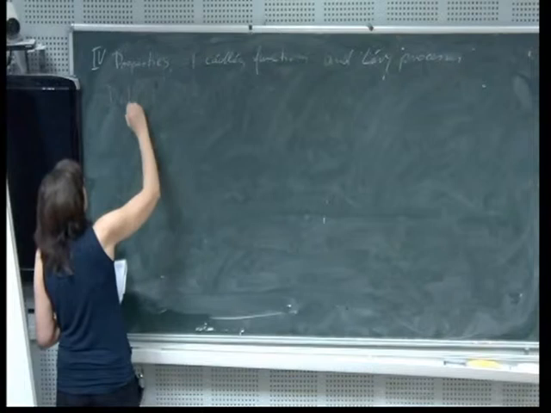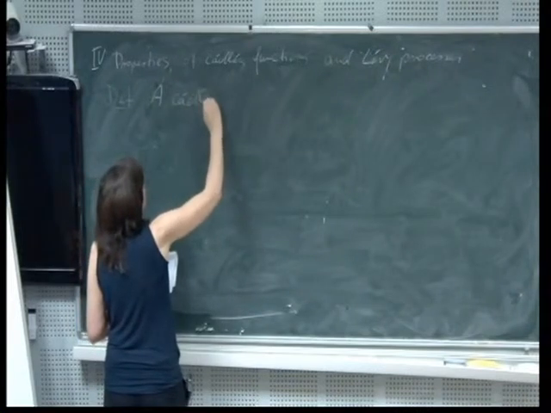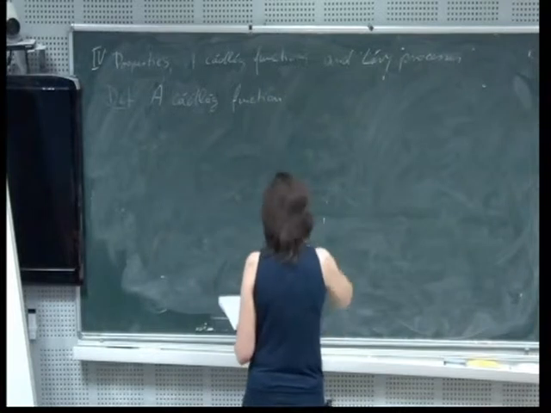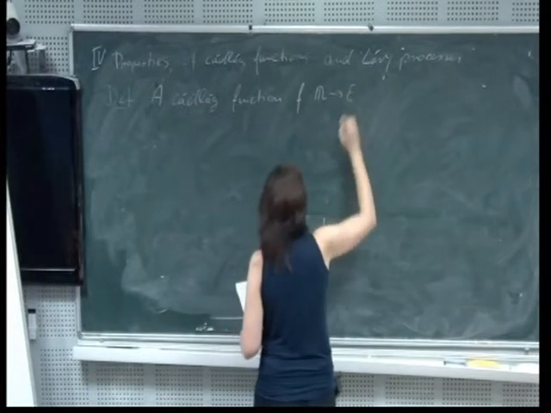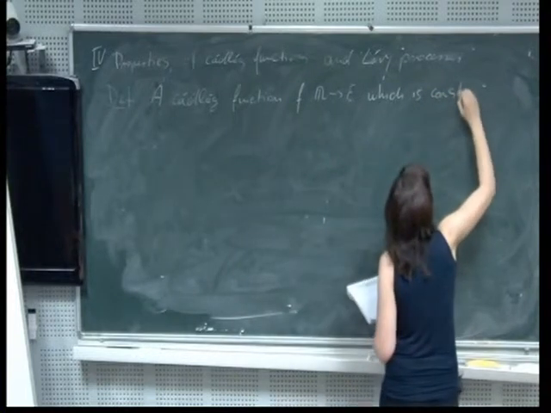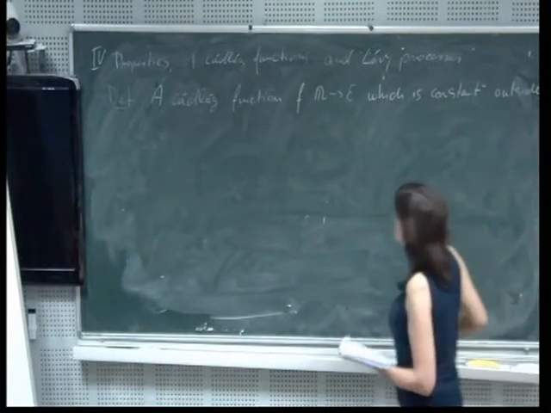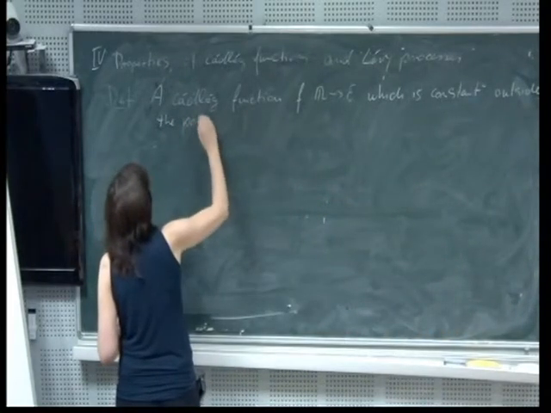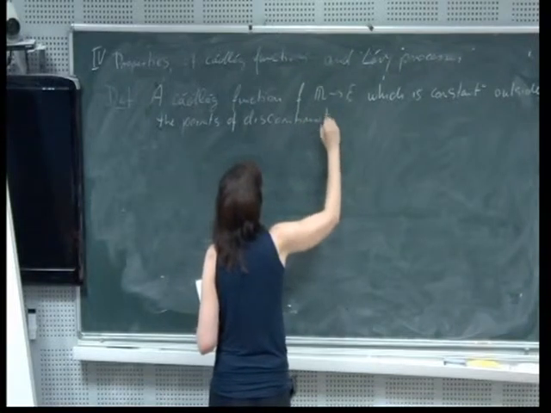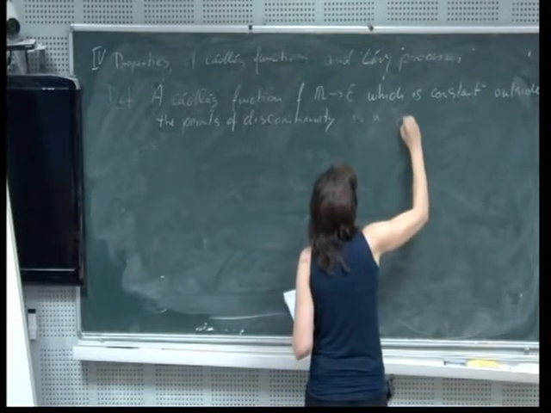So let me consider pure jump càdlàg functions. A càdlàg function f from R to a Banach space E, which is constant outside the points of discontinuity, I call a pure jump càdlàg function.